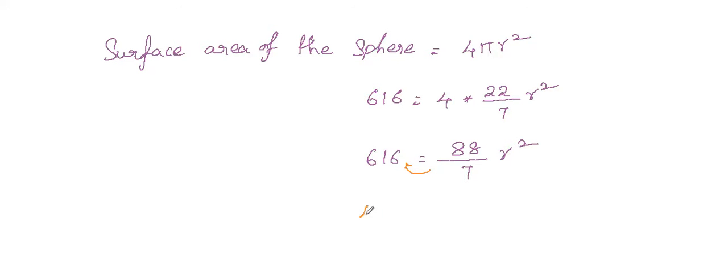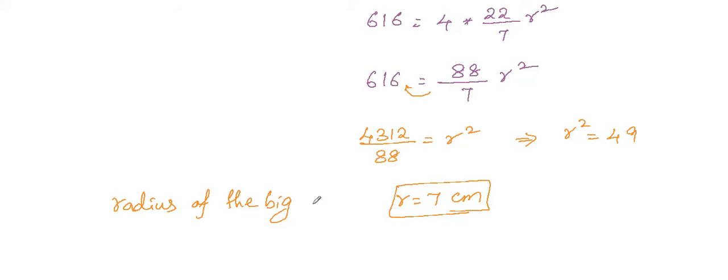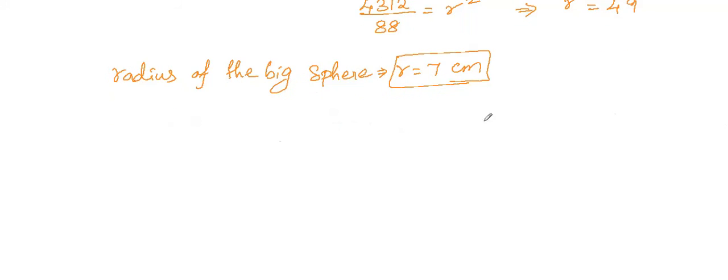So if you multiply 616 and 7, we'll get 4312 divided by 88 equals r square. So r square is equal to 49 and r is equal to 7. So the radius of the bigger sphere is 7 centimeters. So now we have the radius of the smaller and bigger spheres.